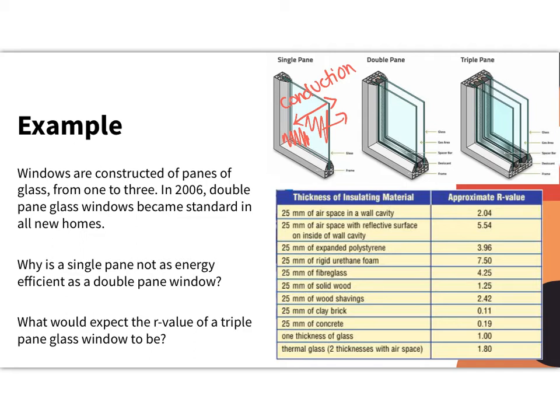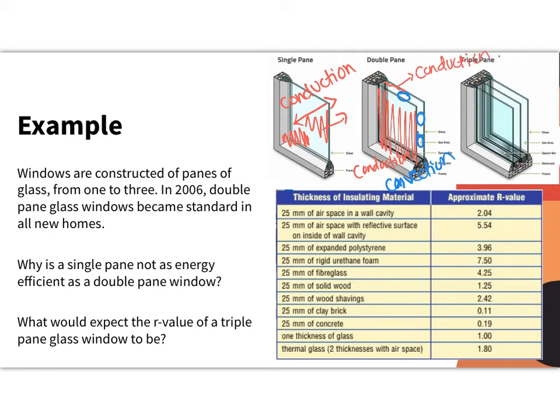A double pane window, we have to use conduction to heat the inner pane. And then we have to use convection within this space to heat the outer pane. And once the outer pane is heated, we can use conduction again.